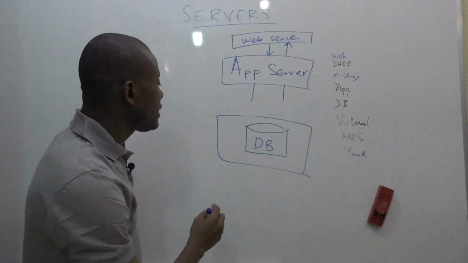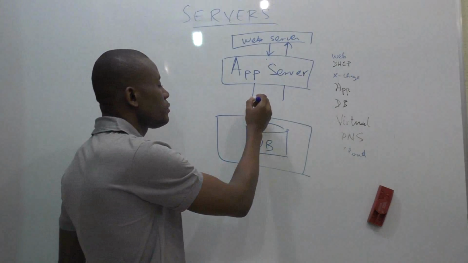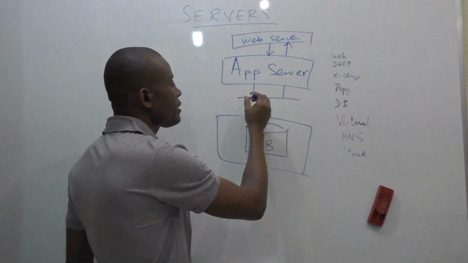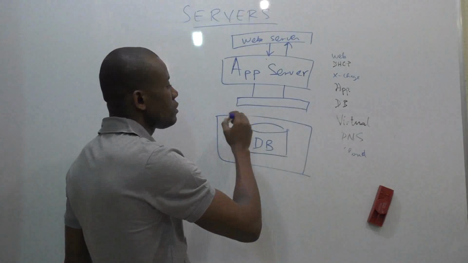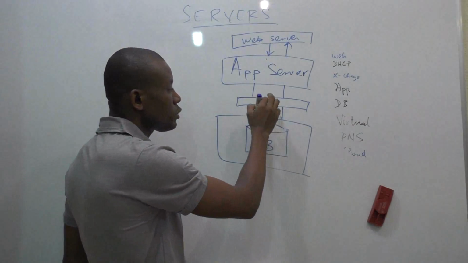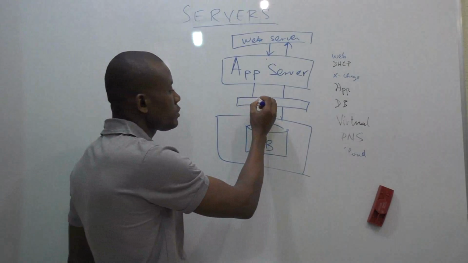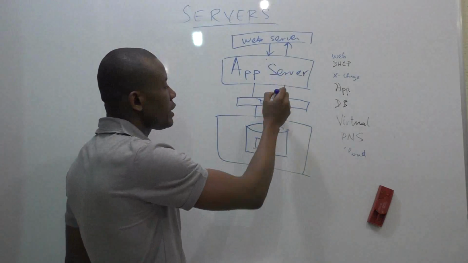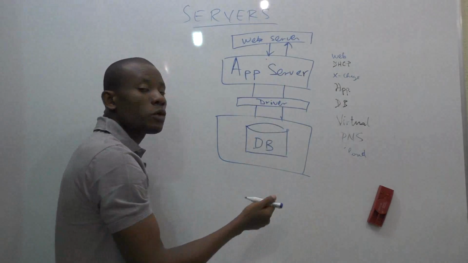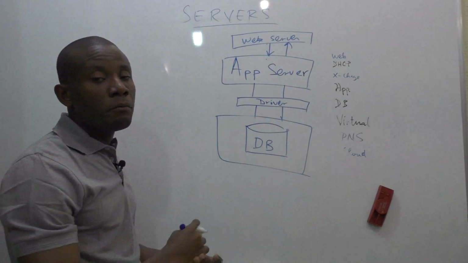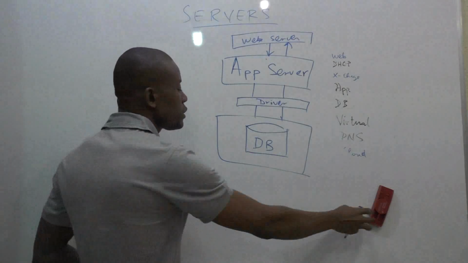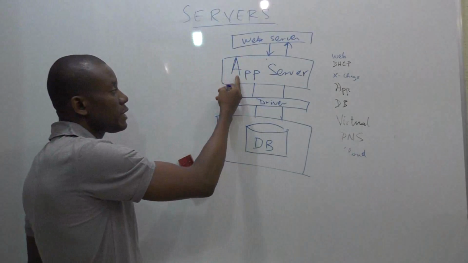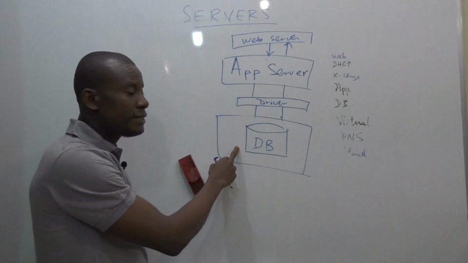Between the application server and the database server, there is a little software here called a driver. This driver will adapt to a particular database, whether Oracle, SQL, MySQL, PostgreSQL, and so on. So that is how the web server communicates with the application server and with the database server.